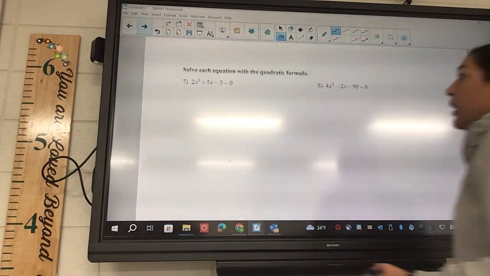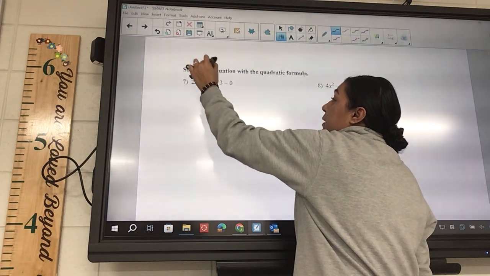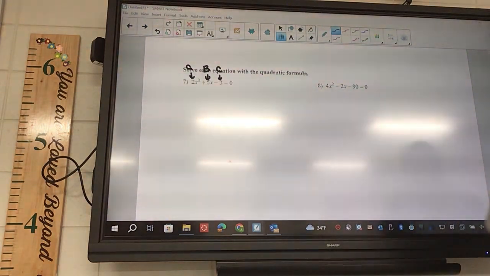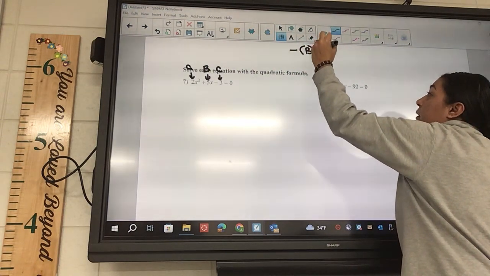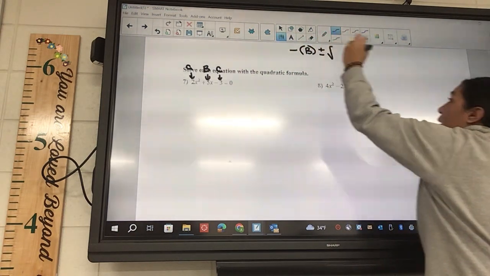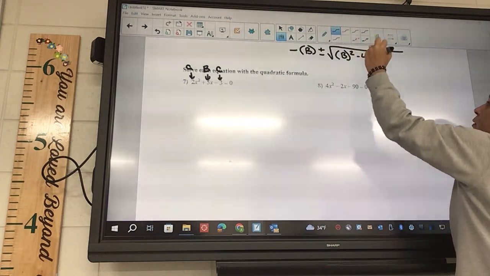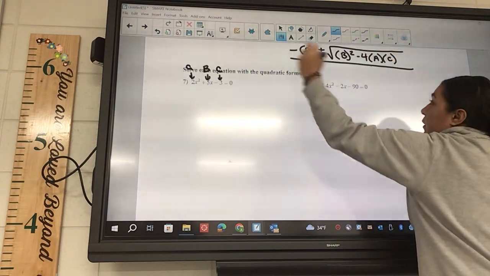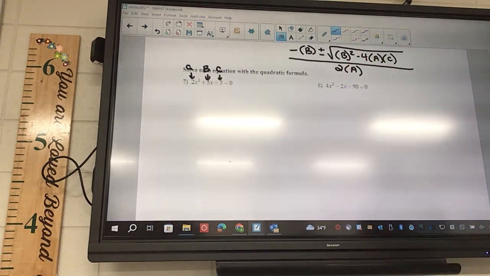So to refresh, this is my A, this is my B, and this is my C. Make sure that you write the formula on this sheet. You can use this sheet on your test, okay? So make sure you have this formula written down. It goes like this: negative B plus or minus the square root of B squared minus 4 times A times C all over 2 times A. Okay, so make sure you have that on your sheet.